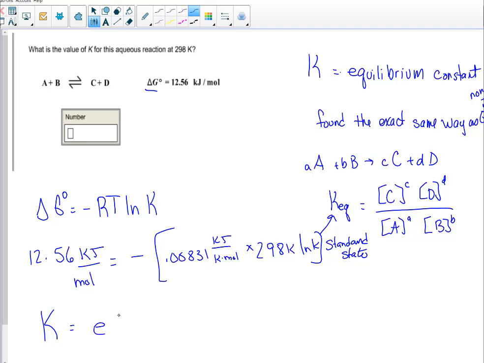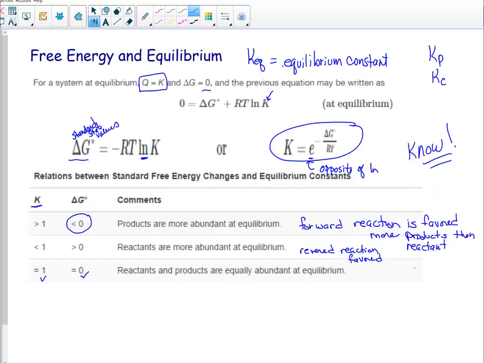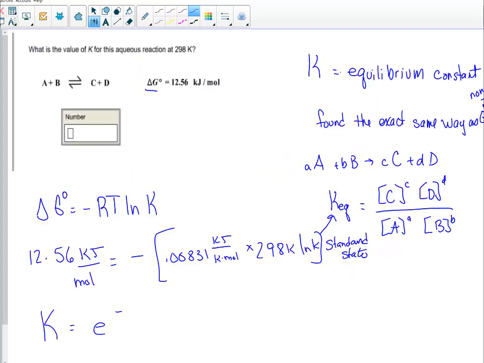E raised to the negative, remember what that was? Right here, negative delta G over RT. And I'm going to write this again over and over so that you get familiar with what that E represents.